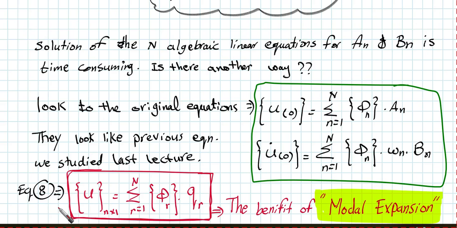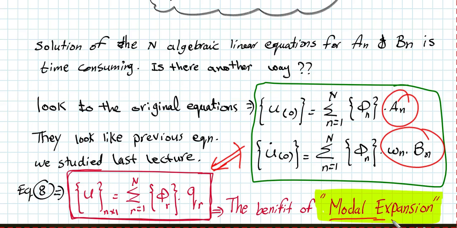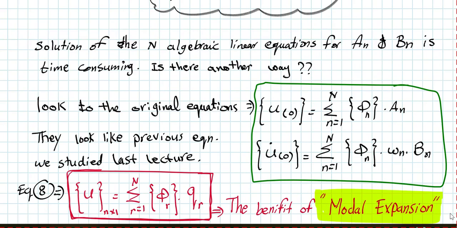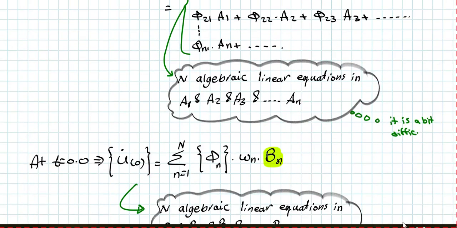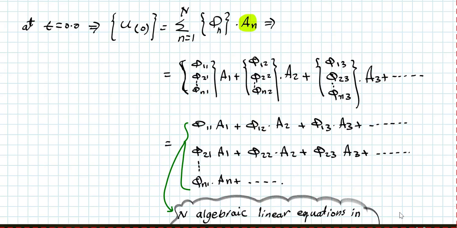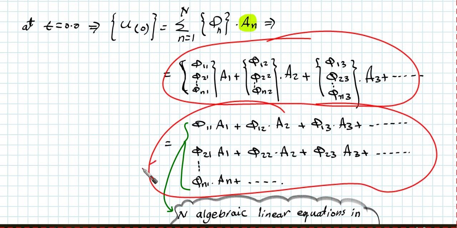Let's clear something here and go. They look like the previous equation we studied in the last lecture, so they are very similar now. We are going to consider them as we have done with the modal expansion and the modal coordinates, and use this technique for the solution. It is going to save us time in solving these n algebraic equations.